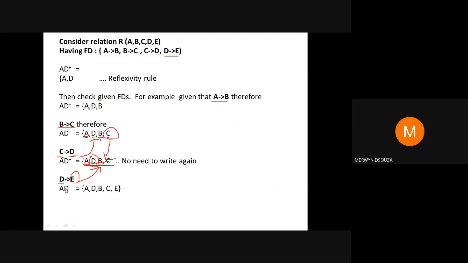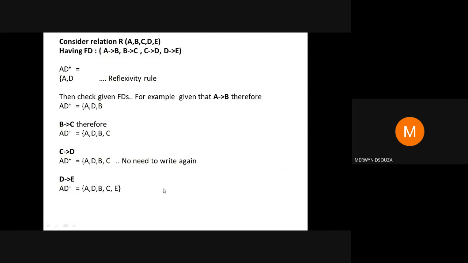No. So the closure of AD will be A, D, B, C, E. In other words, you can say it is A, B, C, D, E, the same attributes as the closure of A that we had already determined previously.